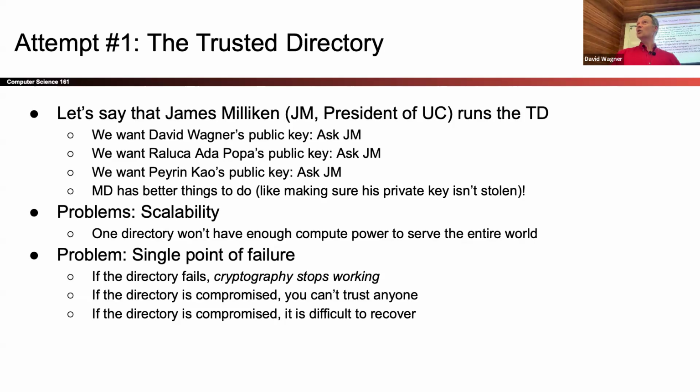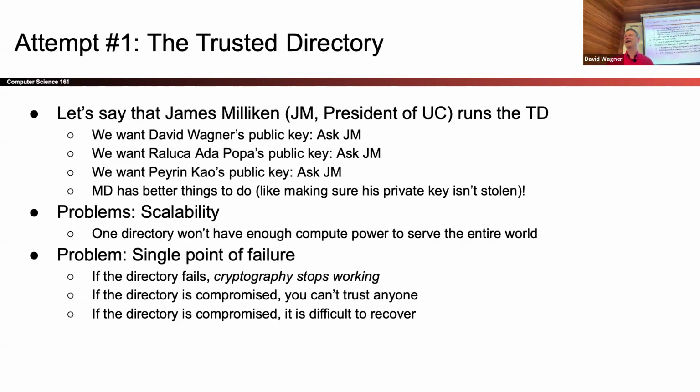Sort of more plausible, because in theory, maybe the president of UC is responsible for all hiring and all admission, and so could potentially know who everyone is and learn their public keys at hiring time or when you show up for freshman orientation. But I'm not sure it's really realistic, because the president of UC has better things to do than this.